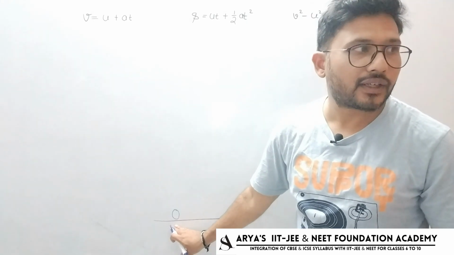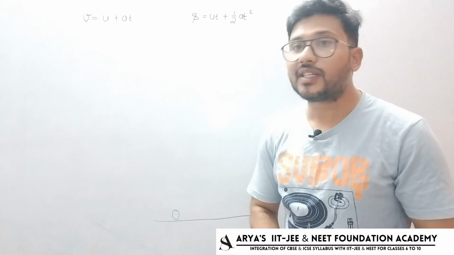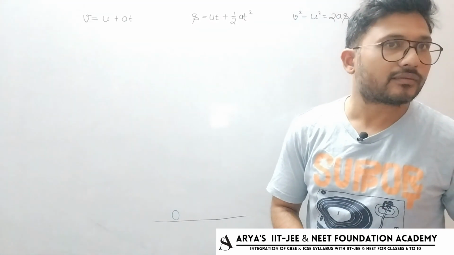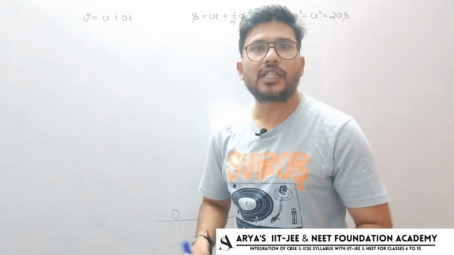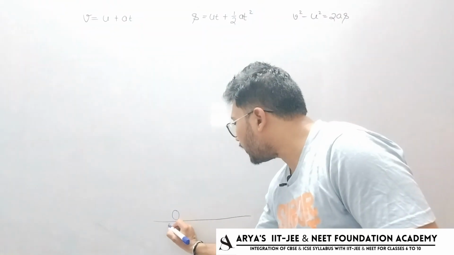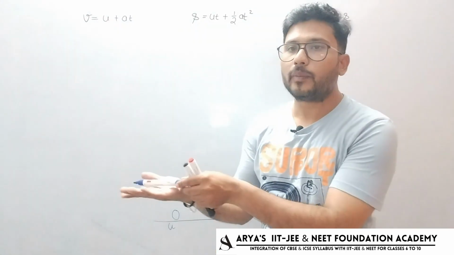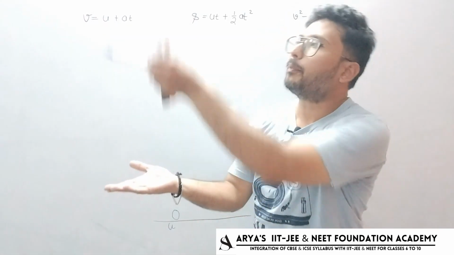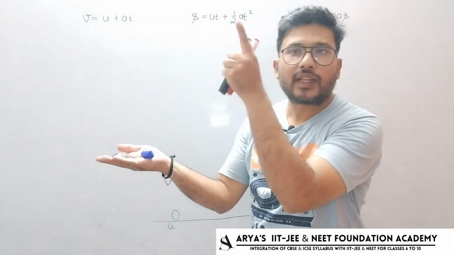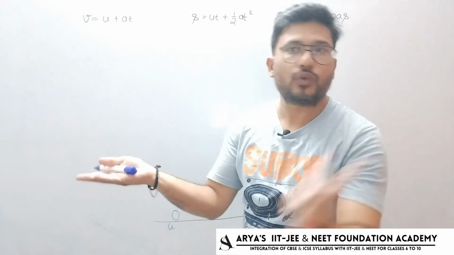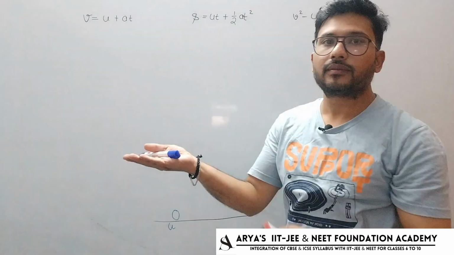Velocity at the initial point is known as initial velocity. If you want to make any body go up, there should be some initial velocity. Without initial velocity, body cannot go up. Clear?